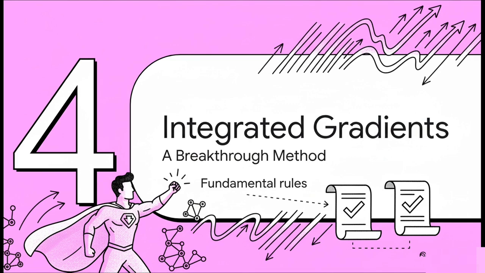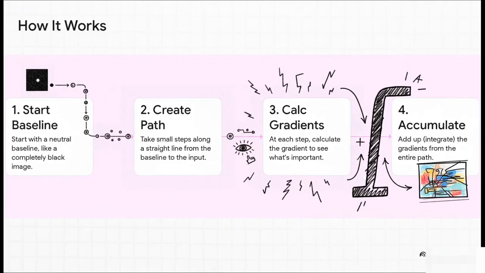But this is where the hero of our story comes in, integrated gradients. So how on earth does this thing work? It's actually a beautiful, elegant idea. Instead of just looking at the final image in isolation, here's what you do. You start with something totally neutral, a baseline. Think of a completely black image, just nothingness.